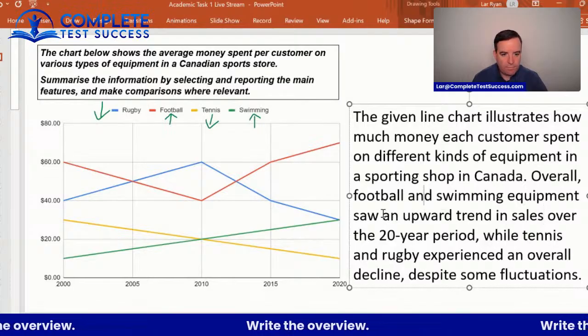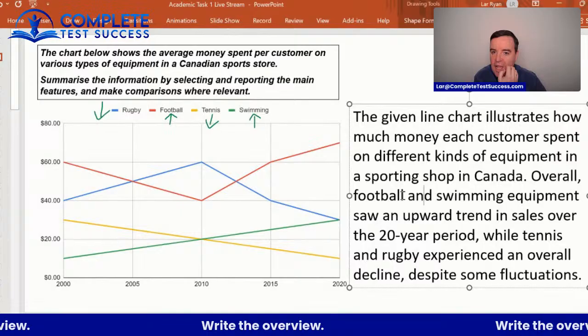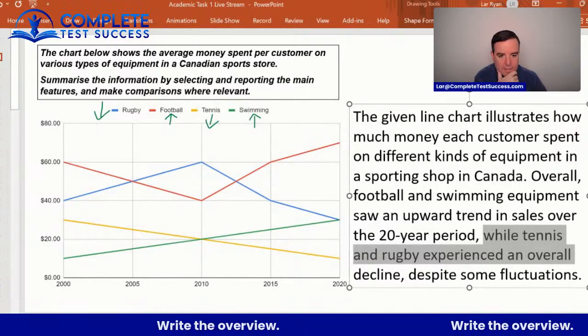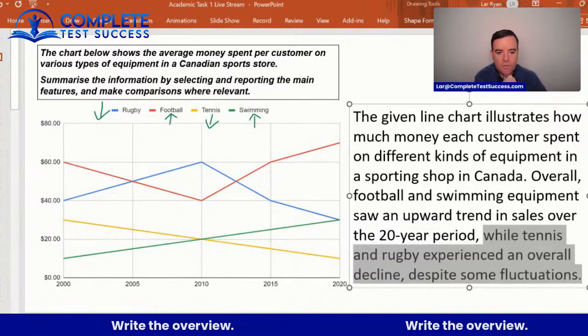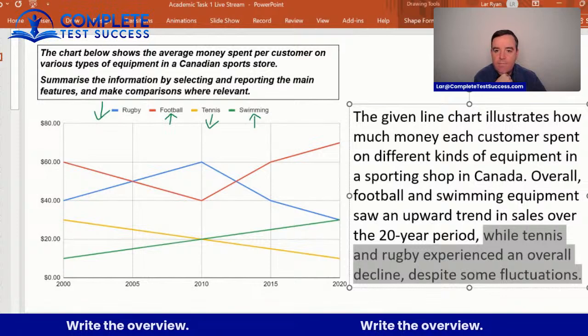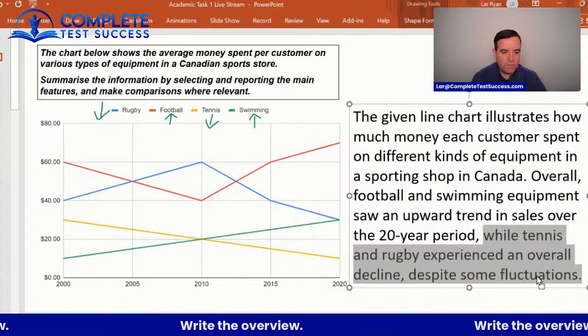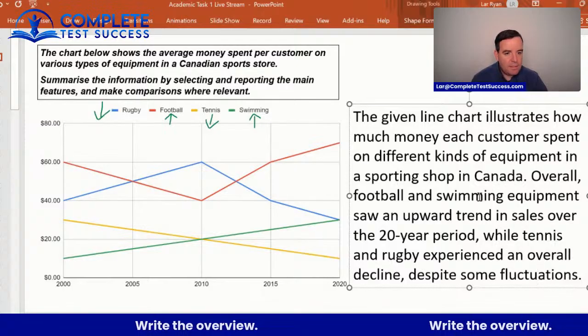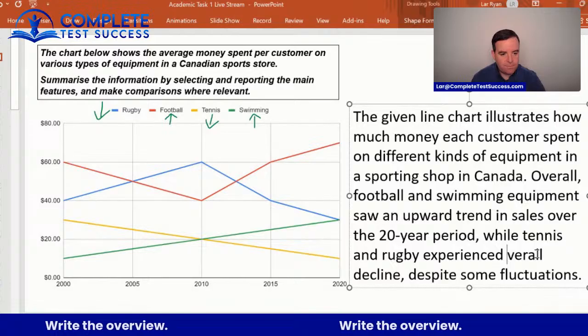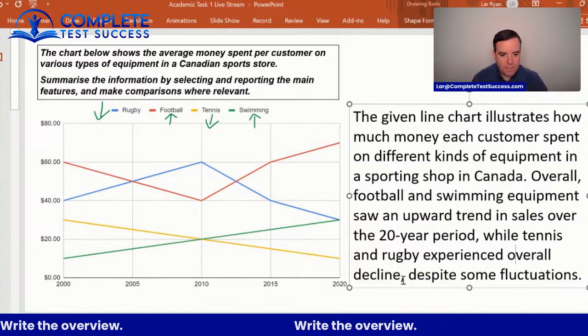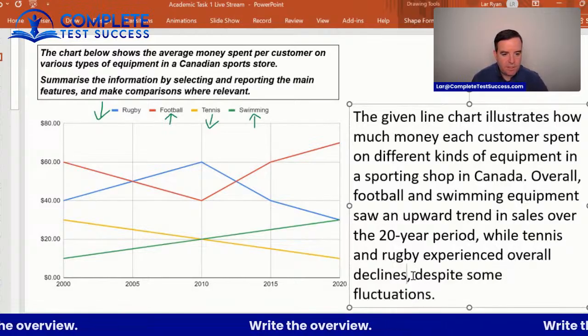So football and swimming, yeah, that's correct. While tennis and rugby experienced an overall decline. So it's overall declines. So it's one decline each. Overall declines despite some fluctuations.